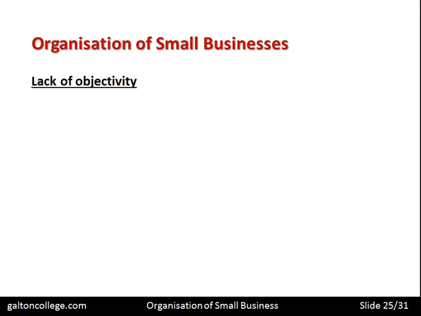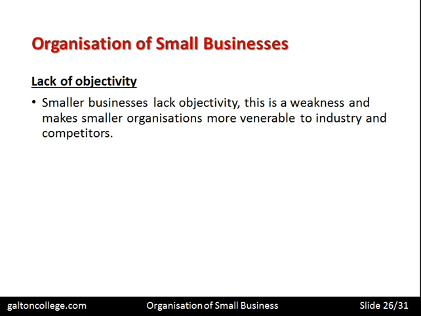Lack of objectivity. Well, smaller businesses lack objectivity. This is a weakness and makes small organizations more vulnerable to industry and competitors. They're more vulnerable because the owner thinks that he or she knows what the right thing to do is.